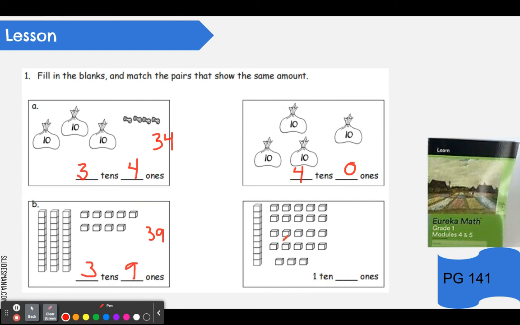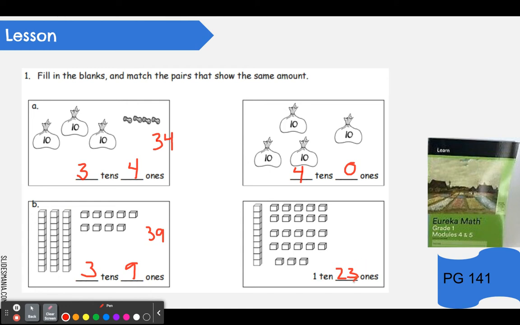This one already is filled in for me. It says 1 ten. How many ones do I have? 1, 2, 3, 4, 5, 6, 7, 8, 9, 10, 11, 12, 13, 14, 15, 16, 17, 18, 19, 20, 21, 22, 23. I have 1 ten and 23 ones.